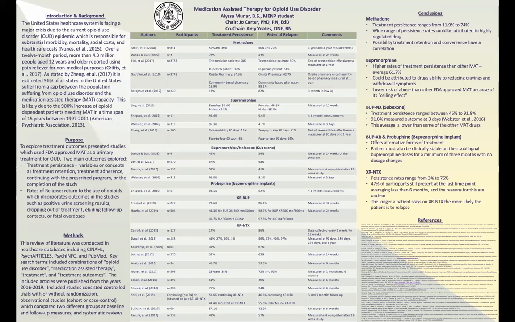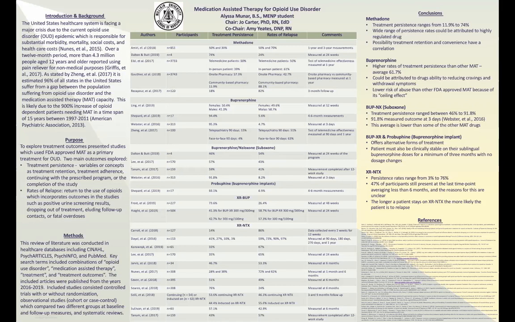Any form of MAT was included. It didn't matter how the drug was administered, so it could have been sublingual, oral, or subcutaneous. Settings were limited to outpatient settings, and pregnancy and adolescence were not included because these are 2 special populations which should be treated differently than someone who's not in those populations.